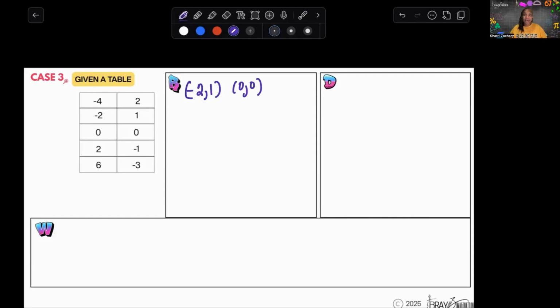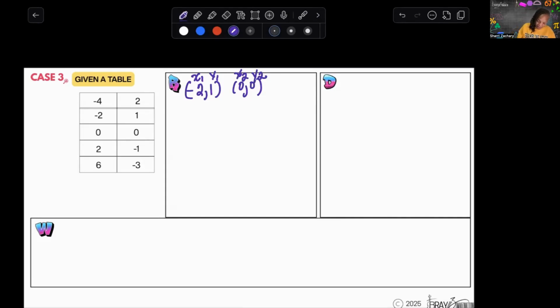-2, 1 is my first set of x and y, so I'm going to label it x sub 1, y sub 1. 0, 0 is my second ordered pair, so I'm going to label it x sub 2, y sub 2.